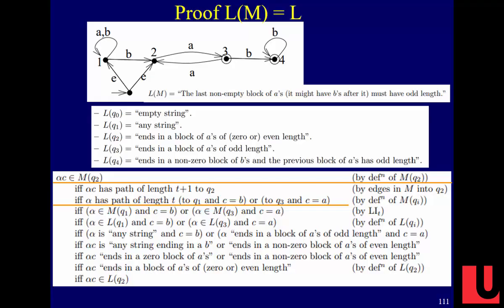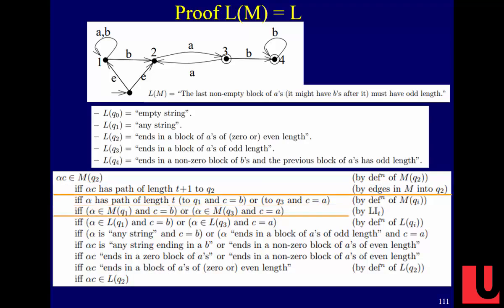Everybody good with that? Or I could have cheated a little bit and said Q0 in C is really the empty string. I could have done that too. I personally would mark it fine either way. Okay, here we go. Let's push the button because it's so much fun.